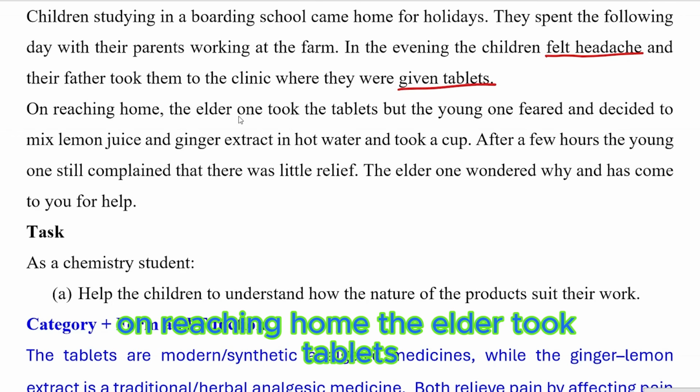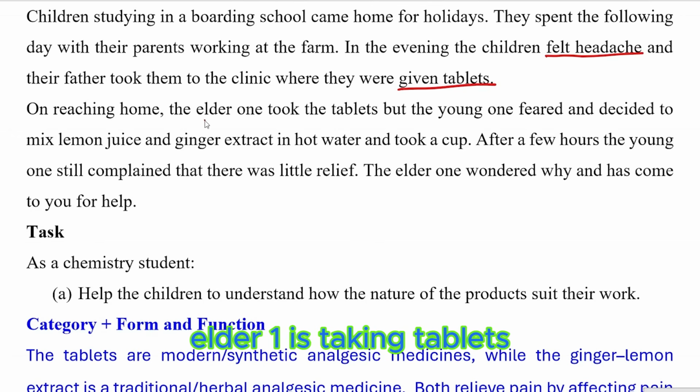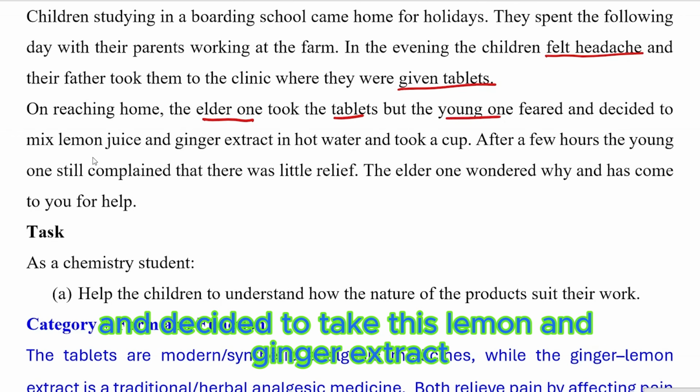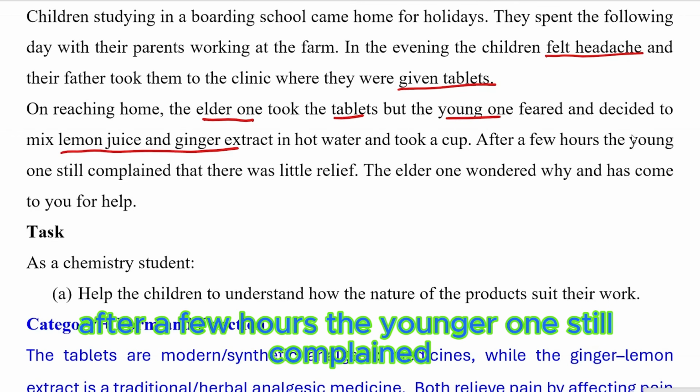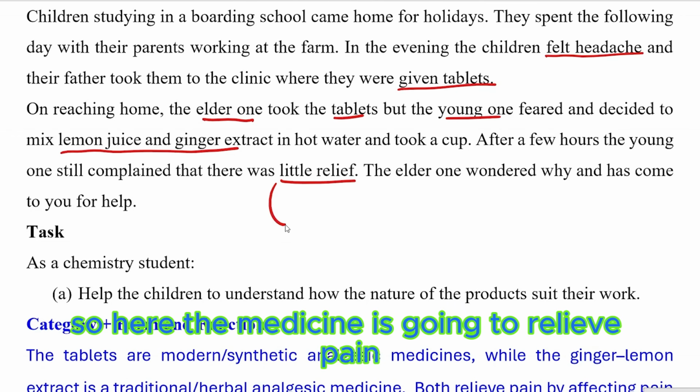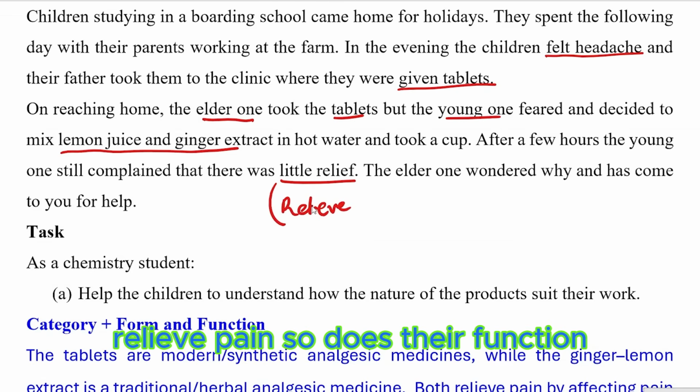On reaching home, the elder took tablets. The elder one is taking tablets. The younger one feared and decided to take this lemon and ginger extract. After a few hours, the younger one still complained there was little relief. So here the medicine is going to relieve pain. Relieve pain, so that's their function.